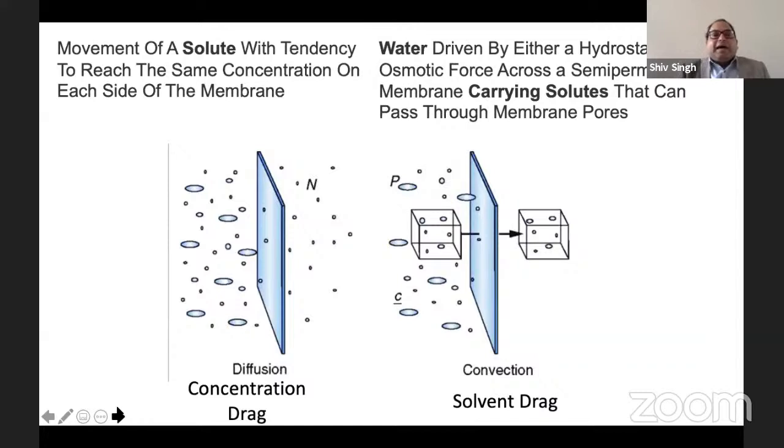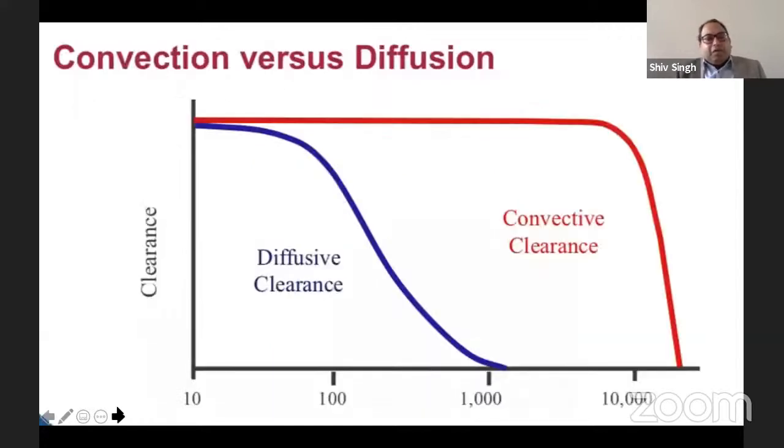If you look at the graph with the molecular weight of the particles on the x-axis and the clearance on the y-axis, the diffusion clearance is slower or less efficient than the convective clearance.